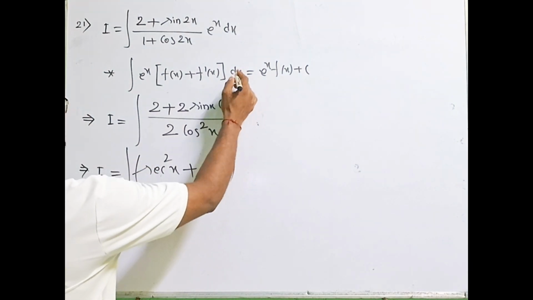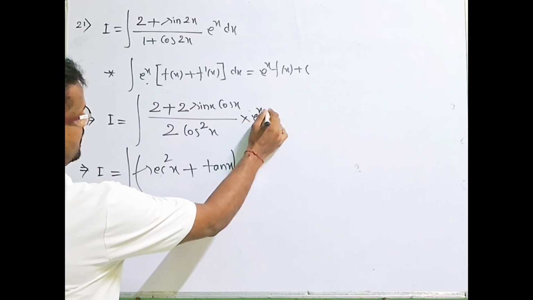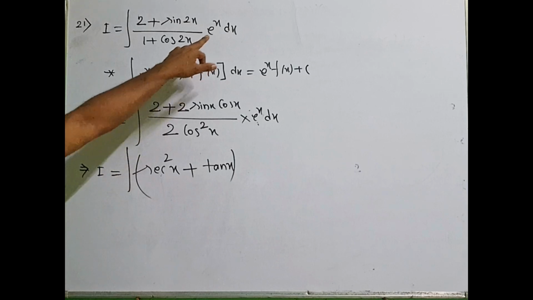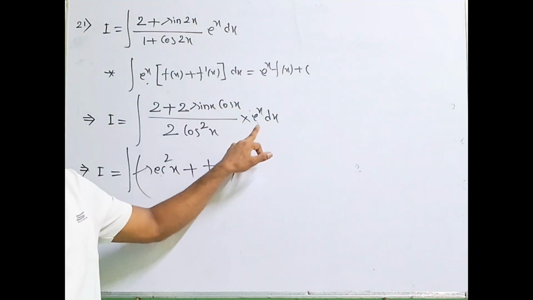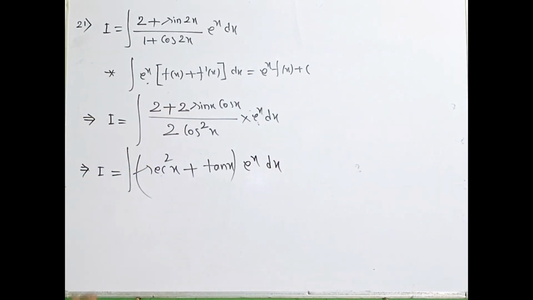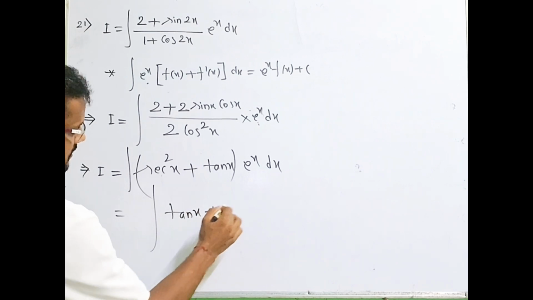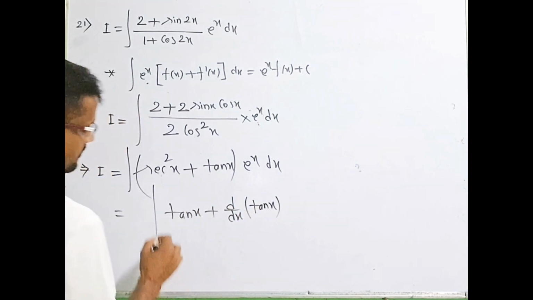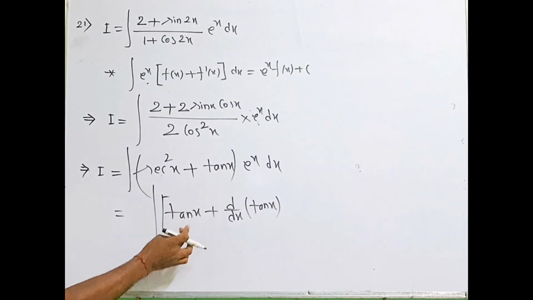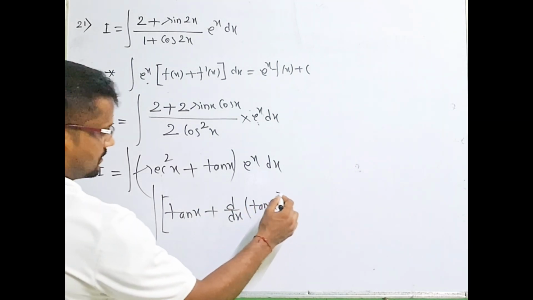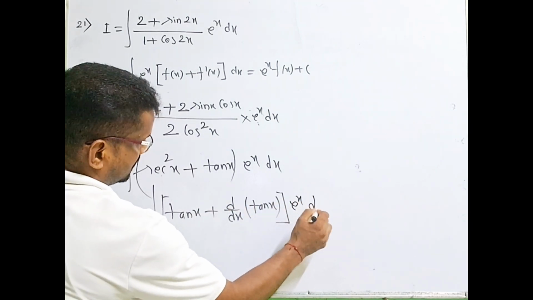Sorry, here e to the power x is there, I forgot it. So e to the power x dx. Now see, it is nothing but the integral of tan x plus the derivative of tan x, where in place of sec square x I have written the derivative of tan x, times e to the power x dx.